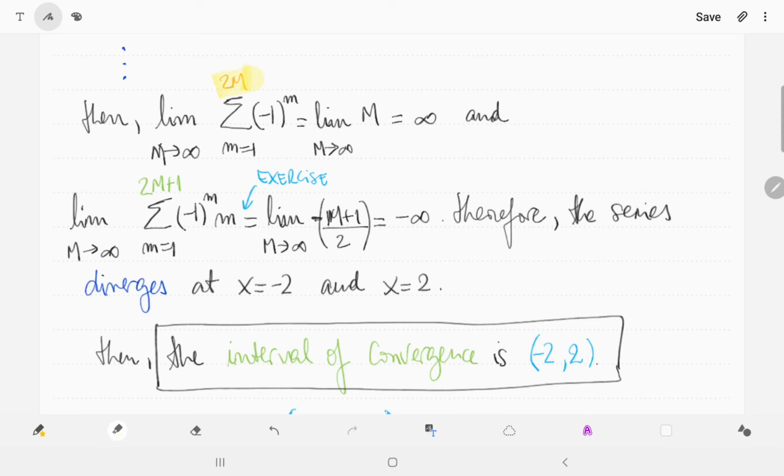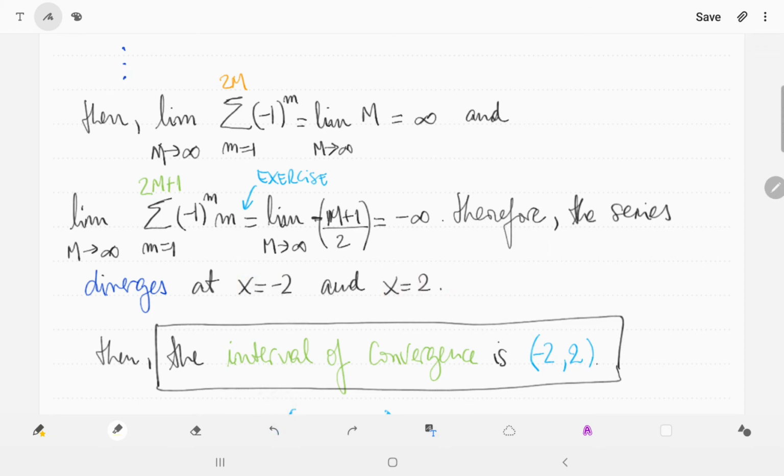That idea can be formalized, and you can write an expression of these partial sums where we consider 2m as the final term of the sum, and then we go to infinity. As an exercise, you can find the expression of this partial sum, and you will get this expression, and you can see the -infinity that we were talking about. So we can conclude that our power series diverges at these 2 points, the extremes of the interval.